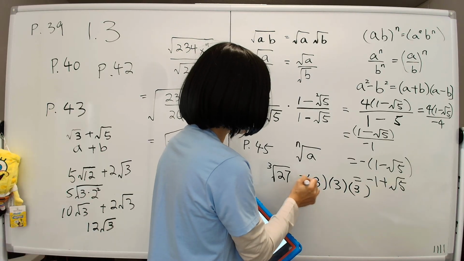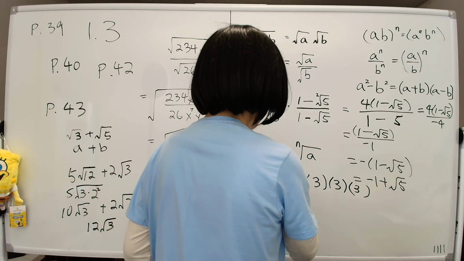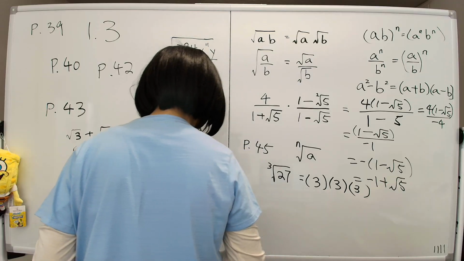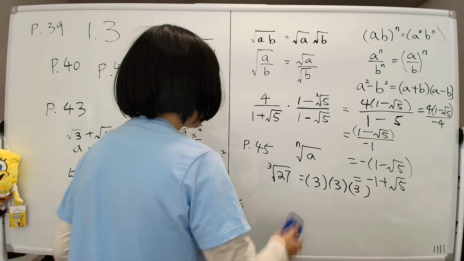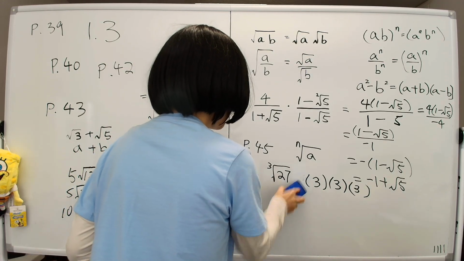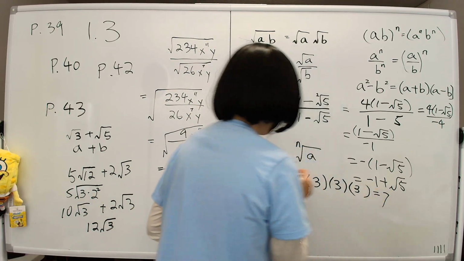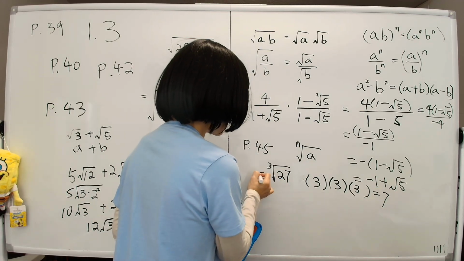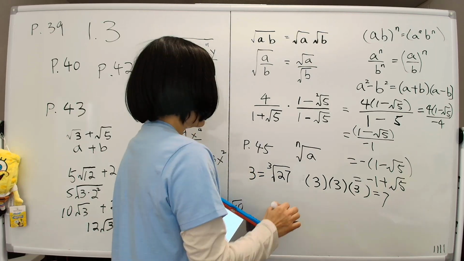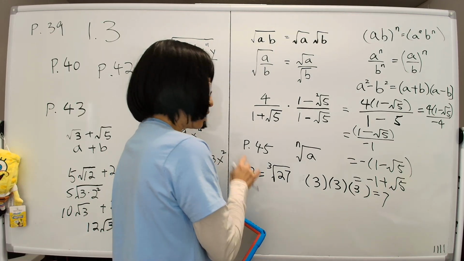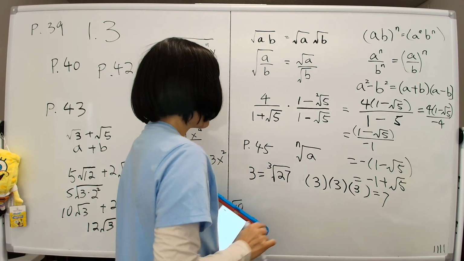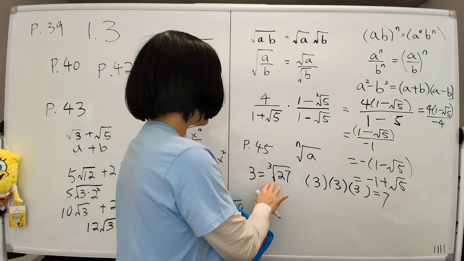Well, this is not an equation right now, but I'm just describing what this means. So there are 3 identical numbers that multiply together to be 27, and therefore the cubic root of 27 is 3. That refers to the number which, if it multiplies itself 3 times, will become 27. That is what this sentence means.